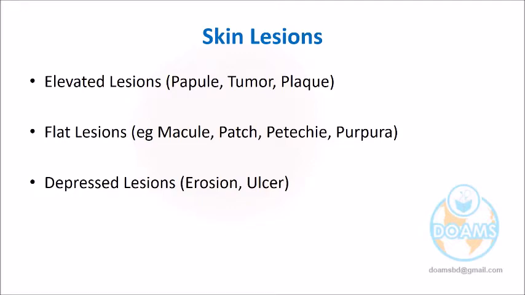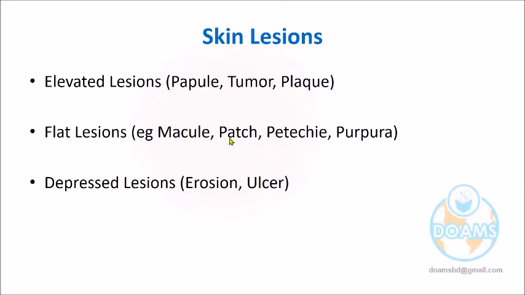First of all, if we divide the skin disease into three groups, we can cover most of the appearances of the skin lesions. For example, skin lesion could be elevated lesion, flat lesion, or depressed lesion. Within the bracket, you can see that there are some examples given.